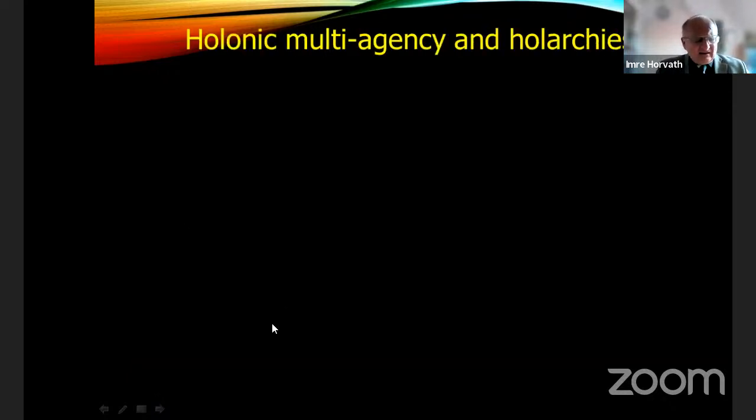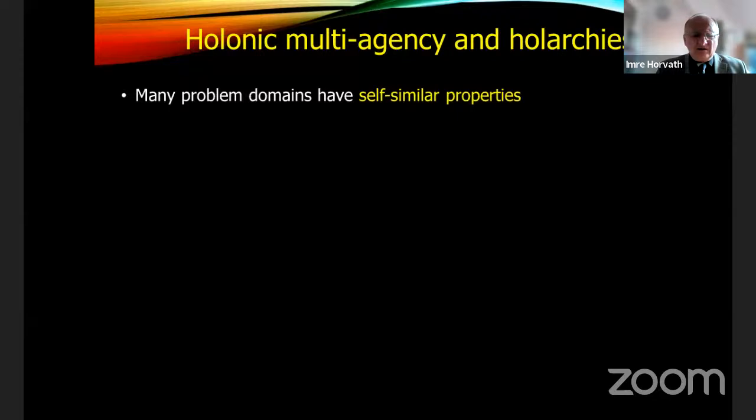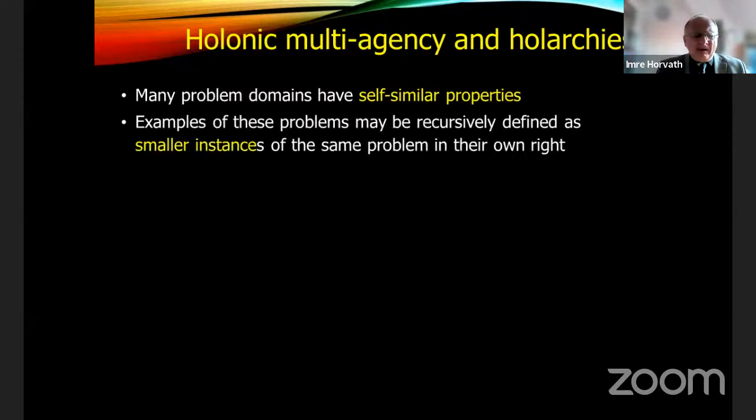So then another aspect of designing multi-agent systems is whether they are holonic or not. And the topic that I would like to present related to that is holonic multi-agency and the holonic question. So many problem domains have self-similar properties.